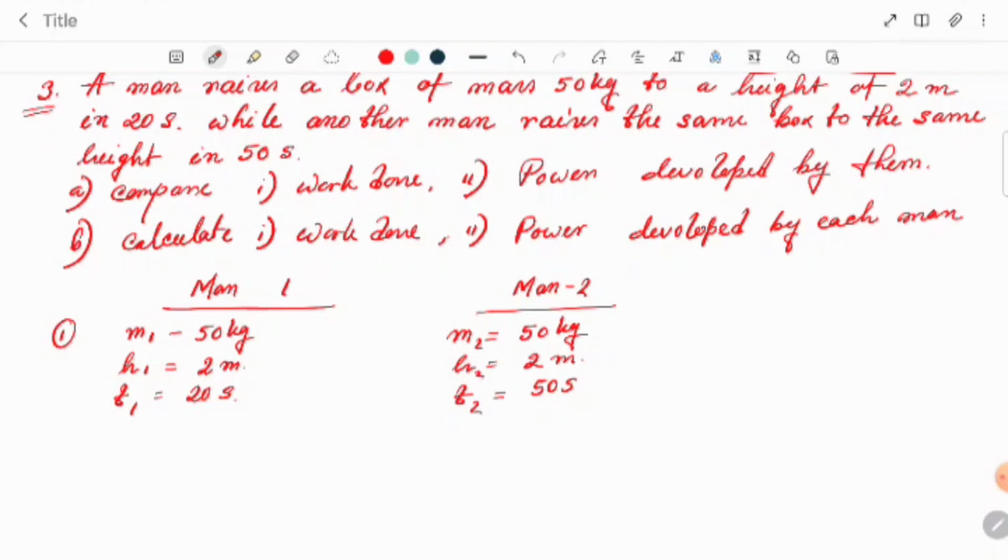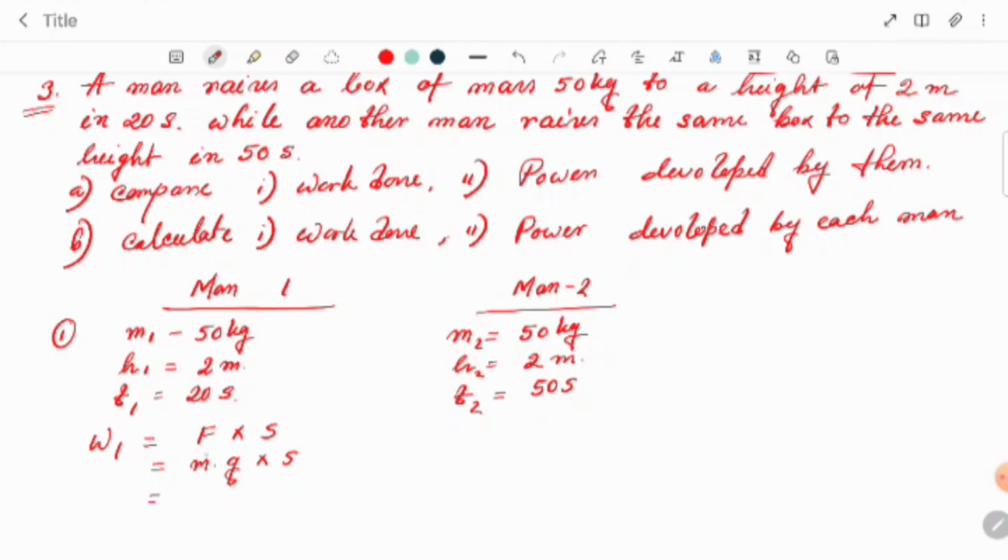Okay, now we have to calculate the work done for the first man, w1. W equal to force into displacement, right? Force equal to what? Mass into acceleration. So force is mass into acceleration due to gravity into the displacement, that is height.